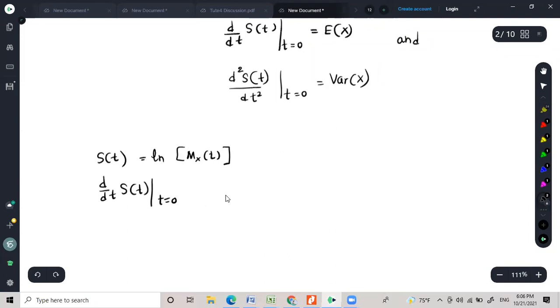Now, you do this t equals 0 after you do the derivative. Okay, you don't substitute t equals 0 first, you can't do that. If t is 0, you can't take the derivative with respect to t. So you do the first derivative and in the final answer you set t equal to 0. Okay, so let's find it. You have d/dt. What is S(t)? S(t) is ln of M_X(t).